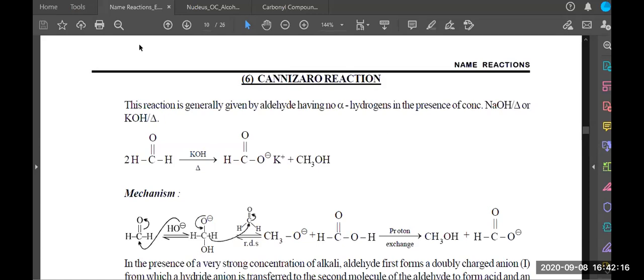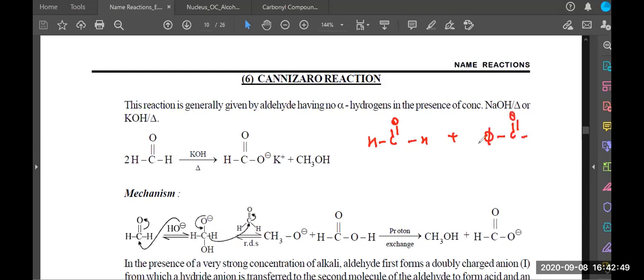It's a disproportionation reaction in which the reactant is both oxidized as well as reduced. Now, this is very easy. My question would be, suppose I'm having a cross Cannizzaro, with HCHO plus 5-Cl-benzaldehyde.